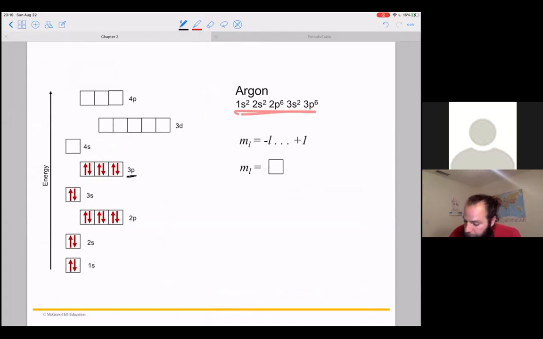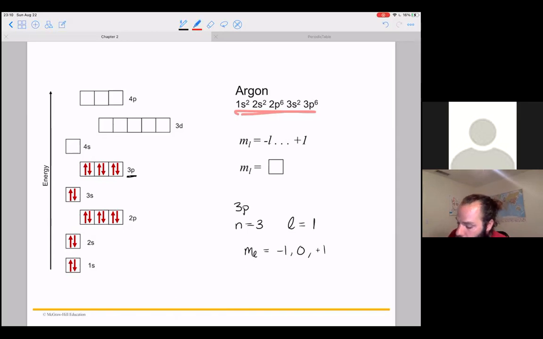If I want to pick 3p here, 3p in the language of our quantum numbers corresponds to a principal quantum number of 3, L equals 1, and M sub L could equal negative 1, 0, or positive 1. Those were the 3 different possible values, and each one corresponds to a different orientation of the p orbitals.